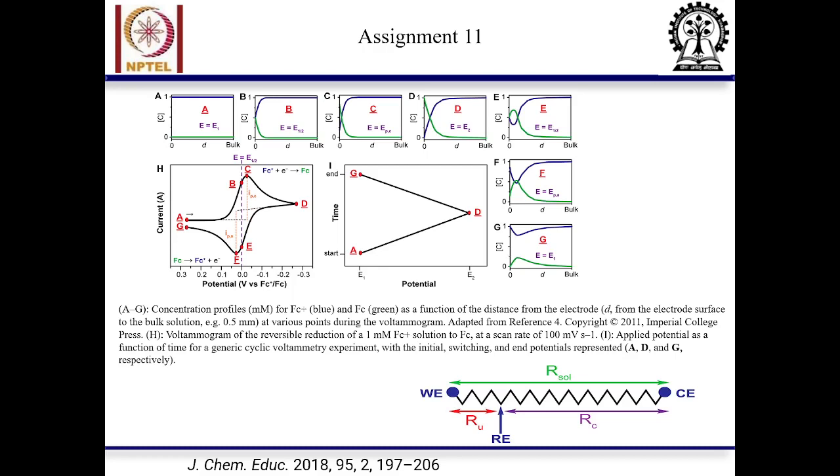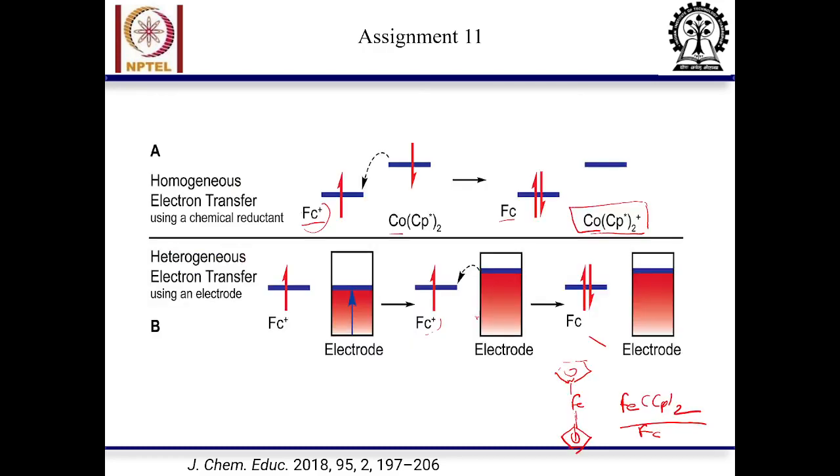What happens when we sweep the potential? Suppose this Fermi level is here, right? So we have to give the potential until the energy levels of the species and the electrode are within the order of kT. k is the Boltzmann constant, T is the temperature.